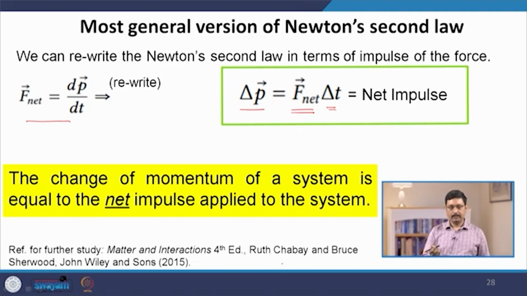Let me repeat, the change of momentum of a system, let us say a point particle, is equal to the net, that is the total impulse applied to the system.